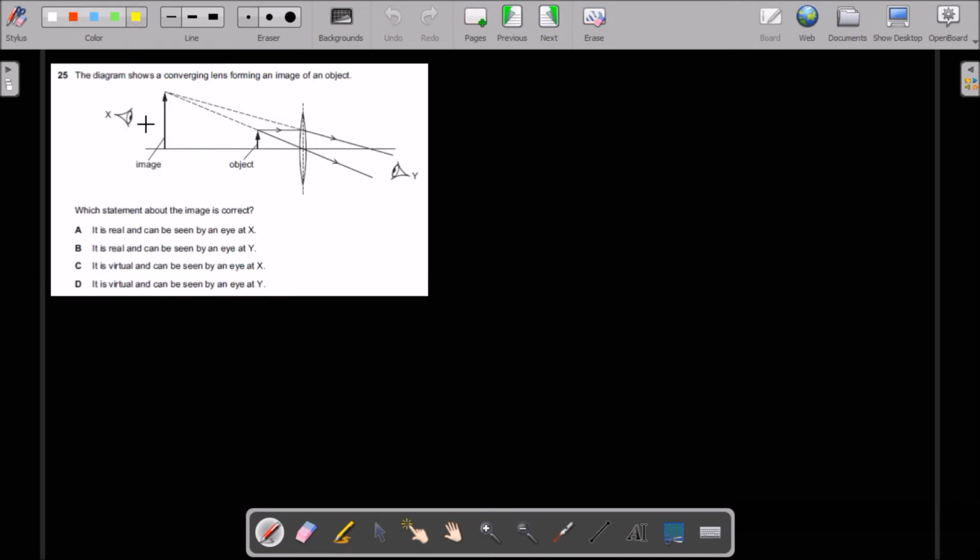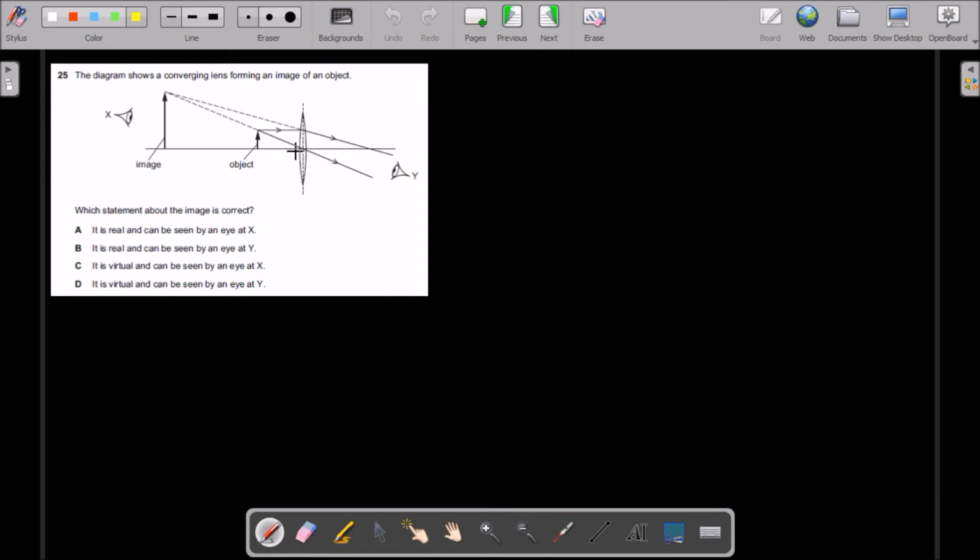Question 25. This is a converging lens, and you know that in a converging lens there is only one condition in which the image is virtual and on the same side as the object. When the object is between the focal point and the lens, then the image will be upright and virtual.